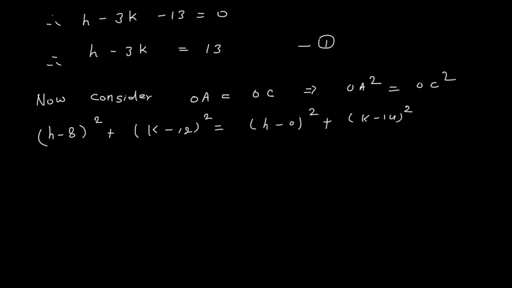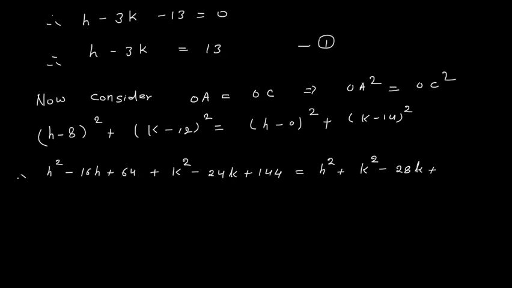So here we evaluate: h square minus 16h plus 64 plus k square minus 24k plus 144 is equal to h square plus k square minus 28k plus 196. Sorry, not 144, it is 196.